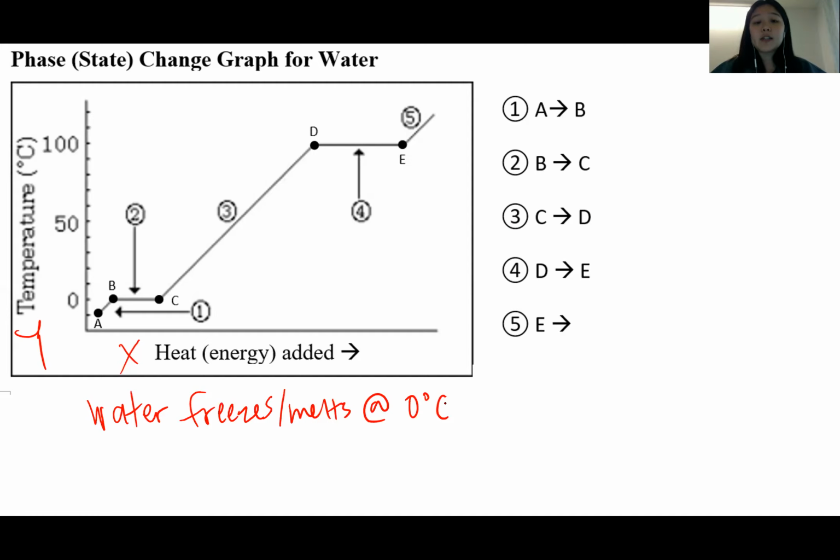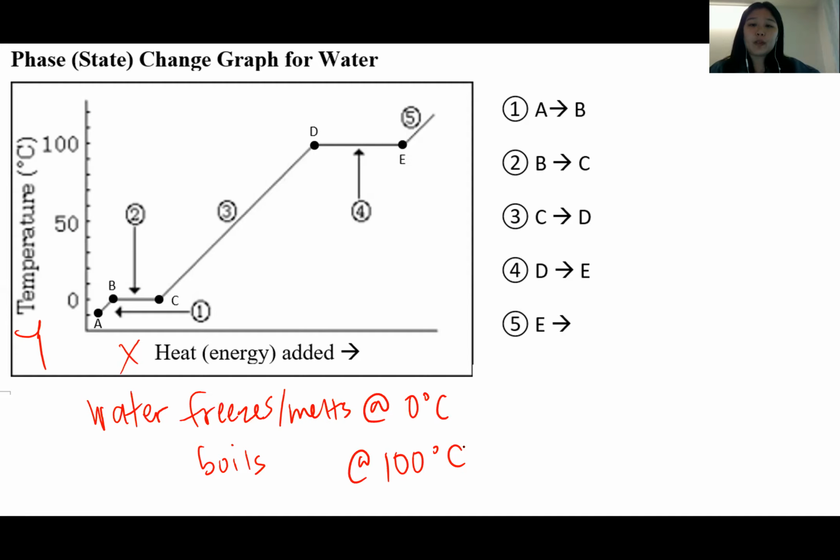It would start to freeze once it hits less than 0 degrees Celsius, and then it'll start to melt if it's more than 0 degrees Celsius. And then water boils at 100 degrees Celsius, right? So those are the two important points in this graph.